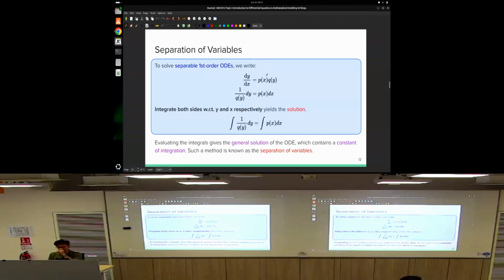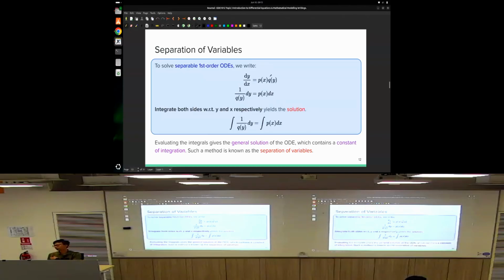In this case, it's called a variable separable ODE. Because this is first order, usually what you can do is isolate the y prime term, the rate of change term, and then throw the rest of the terms on the right-hand side.